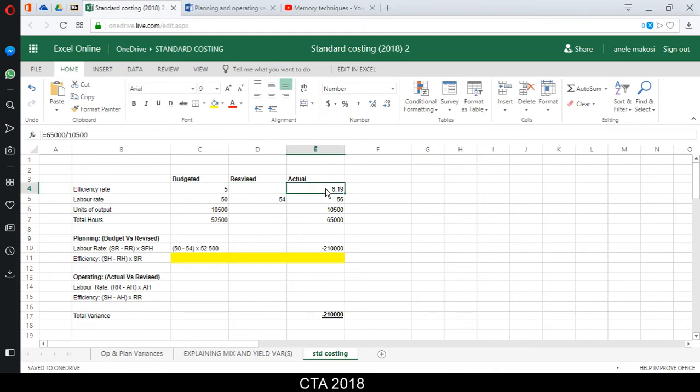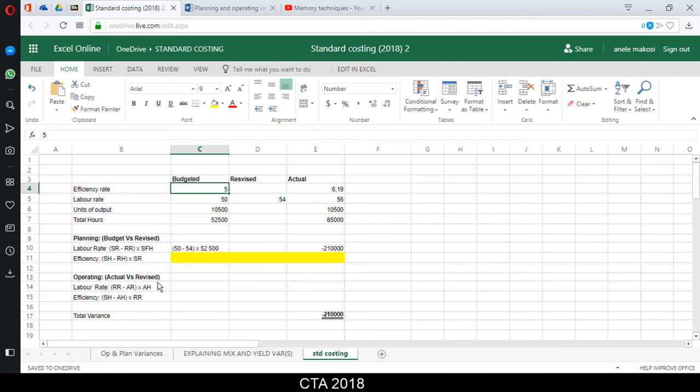When we compare the actual and the budgeted, it's going to be operating. If in the actual results they spent 6.19, the difference between 6.19 and this 5 is going to be operating, because it's not planning. They actually worked 6.19 instead of working 5 hours. So the budget was not revised, so there's no planning variance here. There's only going to be an operating variance.